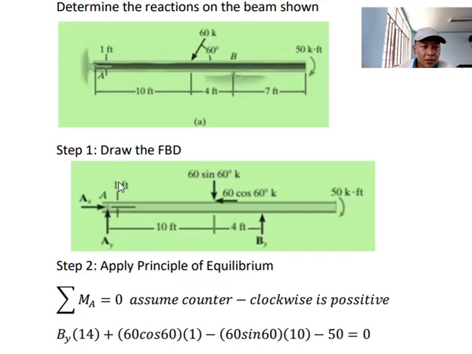There are two reactions at A because the support here is a hinge, and at B only one reaction because the support is a roller.